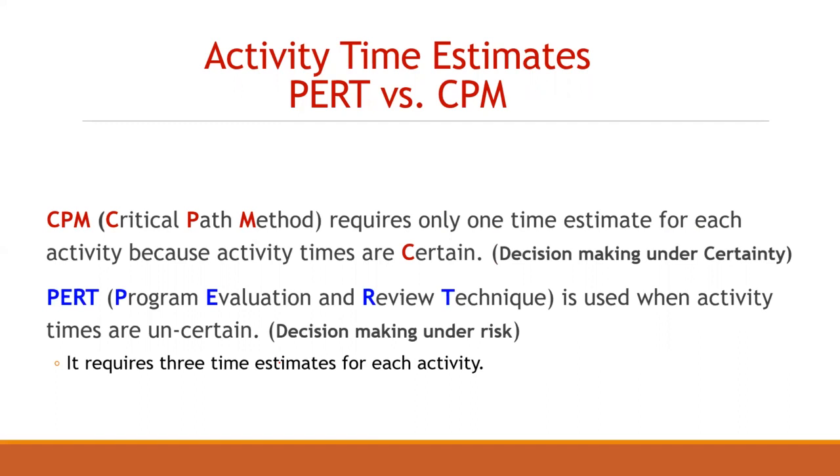That is, we generally treat it as decision making under risk or under uncertainty. So it requires 3 time estimates for each activity.